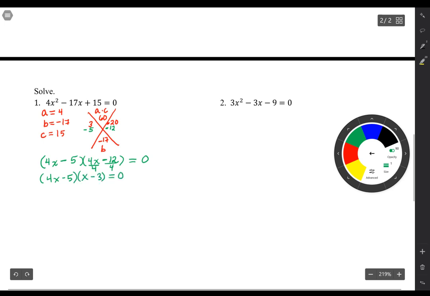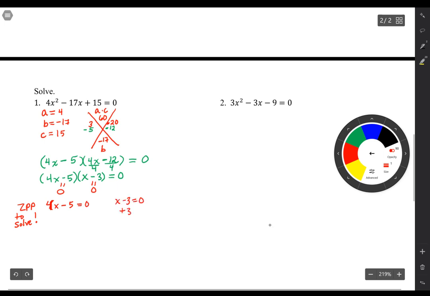And then last step, because it's set equal to 0 and you have the left side in factored form, you can make your little smiley face and use ZPP. Always use ZPP to solve. So we have 4x minus 5 equal to 0, and the other equation is x minus 3 equal to 0.